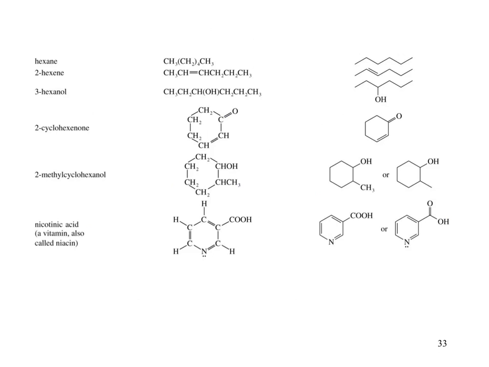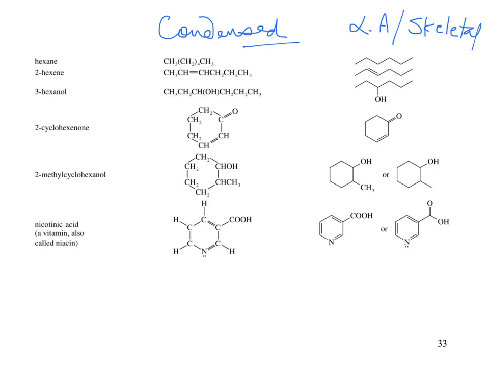Likewise, if you notice here I have the condensed structures and I'm converting that into the line angle skeletal. And so in this case I have 4 carbons from the CH2, fifth and the sixth carbon. So those are 6 carbons, 1, 2, 3, 4, 5, and 6.